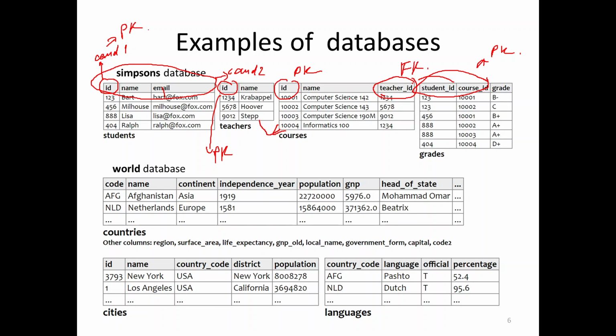So in this case, Computer Science 142 and Informatics 100, these two courses are taught by Mr. Krappabell. You can find this out easily, just following from teachers to courses and so forth, okay? So that's how we establish a one-to-many relationship in a database.